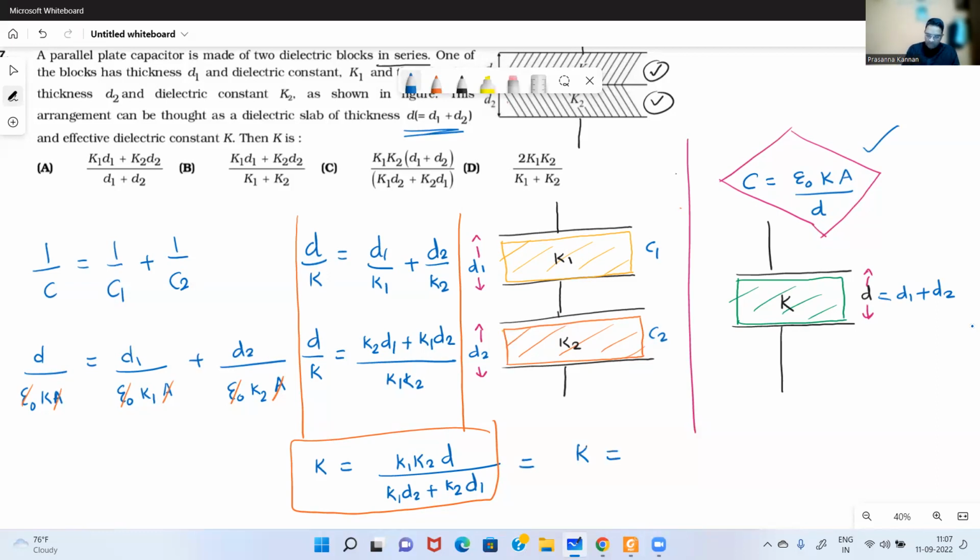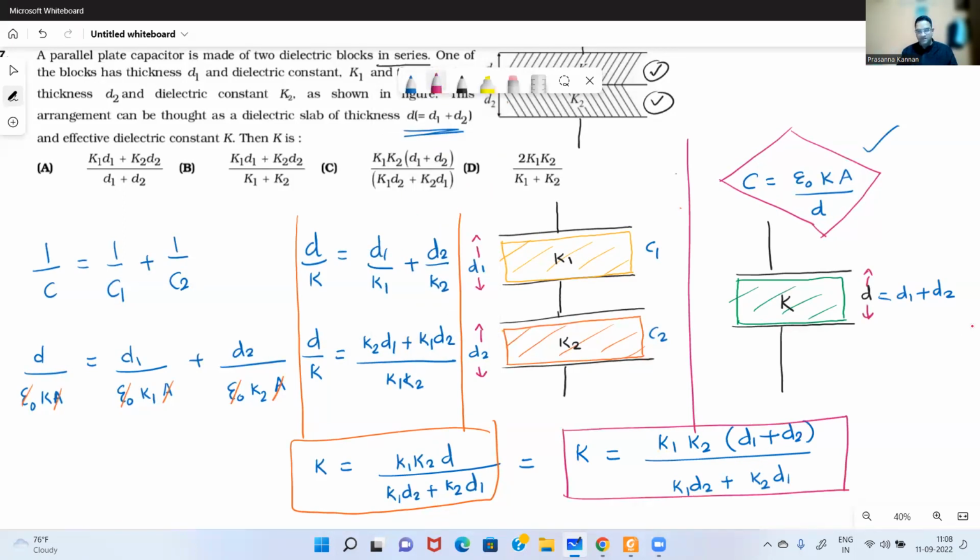So K is equal to K1 K2 into D1 plus D2 divided by K1 D2 plus K2 D1. Is it clear to everyone? Yes, sir. So which option is correct? Option C. C is correct.